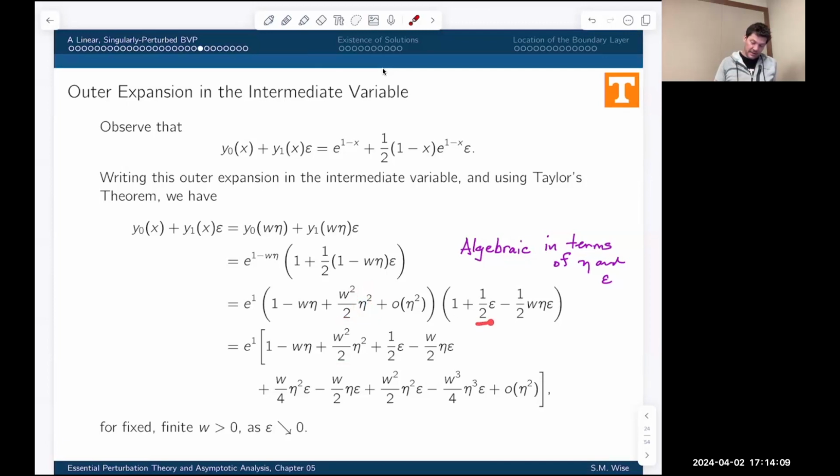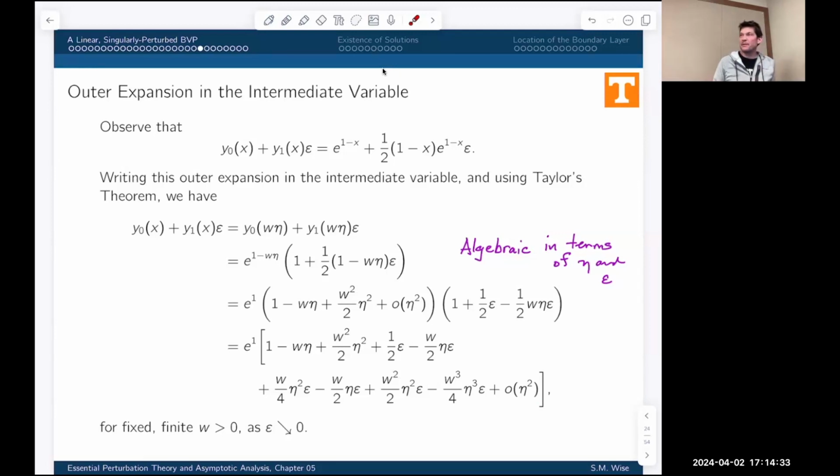The way I'm going to do it is I'm just going to multiply 1 times all 3 of these, and then I'm going to take this guy times all 3 of these, and this guy times all 3 of them, and then collect, okay? And then what I have left is an order eta squared term. All right, so that's cool. No problem there.